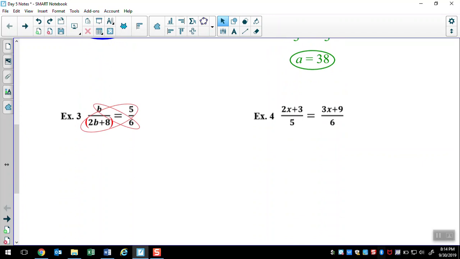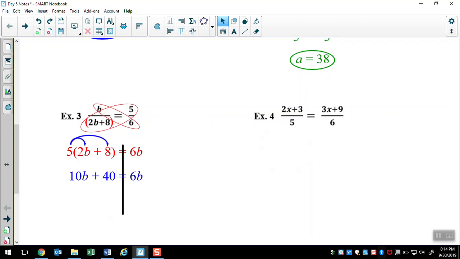So I'm going to start with that 5 times parentheses 2b plus 8, and then my b times 6, or I just wrote it out as 6b. Draw my line, and now I can simplify this side. Distribute my 5 to the 2b, distribute my 5 to the 8. When I do that, I get 10b plus 40. I can't simplify anymore. Bring my 6b down.